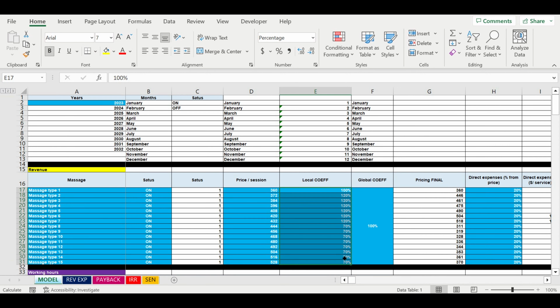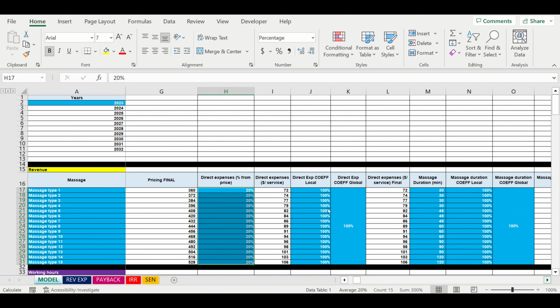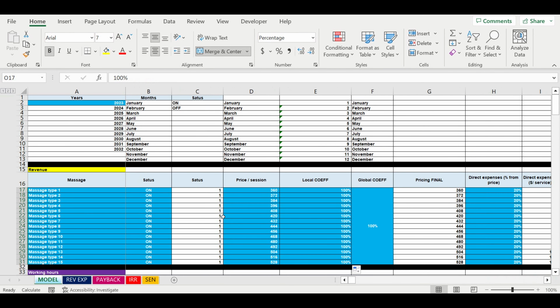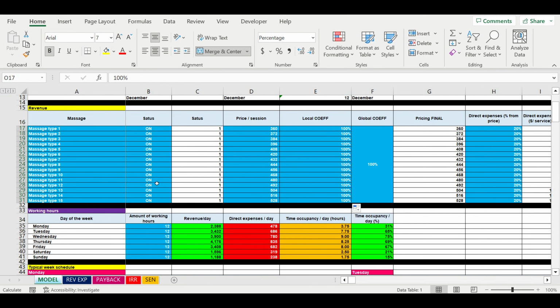So you can play with pricing, and you can play with direct expenses. You have the same local and global coefficients for direct expenses. Then you specify the duration of this or that type of massage, with a local coefficient and a global coefficient. So you start playing with the scenario analysis from this block of inputs.